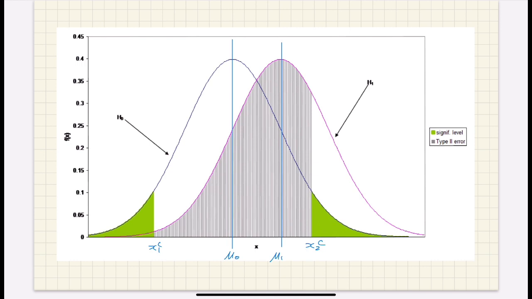And what we're trying to calculate is basically this area delimited by this and this, because what we're doing is basically 1 minus type 2 error, and yeah, all that's left is what we have, which is the power.